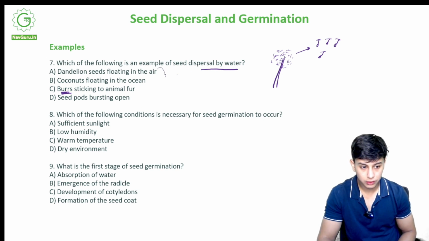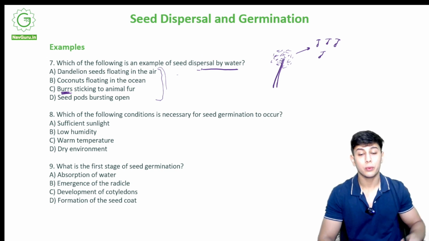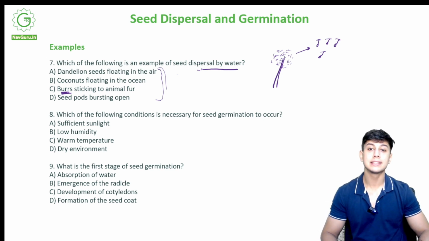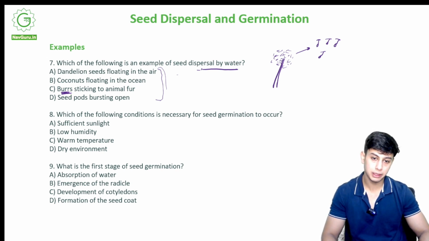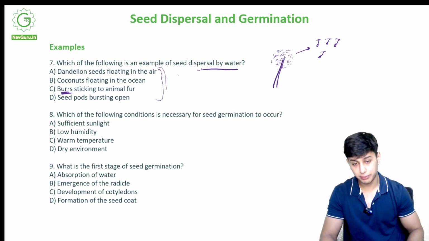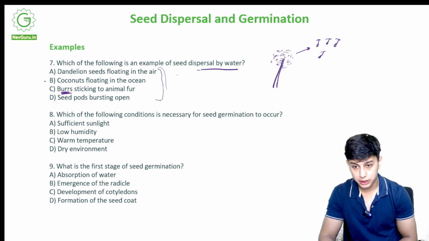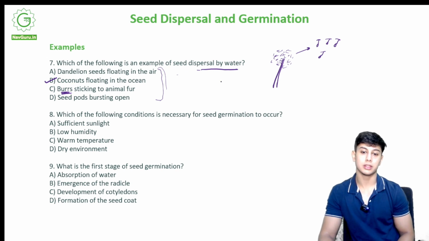So out of all of these four options, which one is dispersed by water? In which one is seed being transported by water? Dispersal simply means transport. See everywhere where the transport is being done by water. Okay, they have mentioned water. So the correct option is option B. Coconuts floating in the ocean, right?